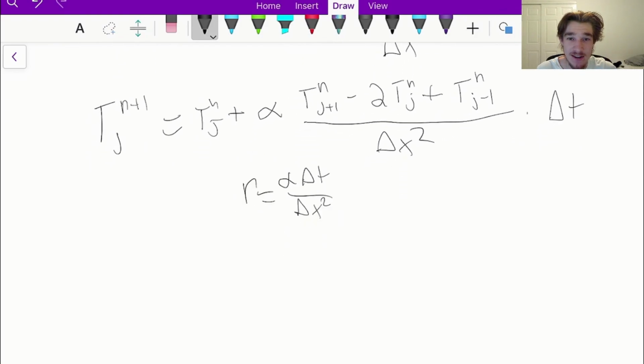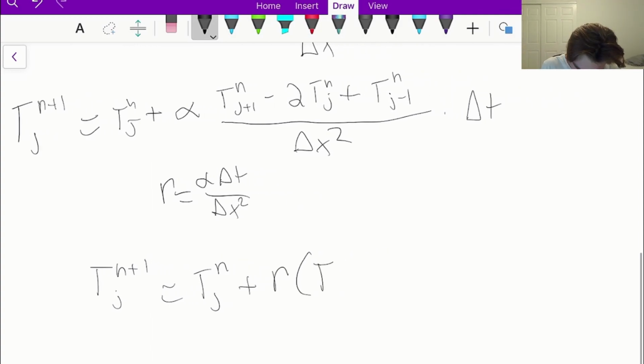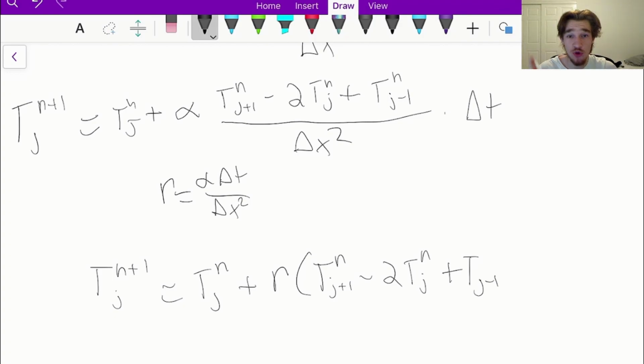Let me go ahead and write down our final equation. So we have the temperature at time n plus 1 of position j is equal to the temperature of the same position at the previous time, which is just n, plus our variable r times the temperature at j plus 1, so the position to the right, at time n, minus 2 times the temperature of j at n, plus the temperature of j minus 1, so the previous spot at time n.